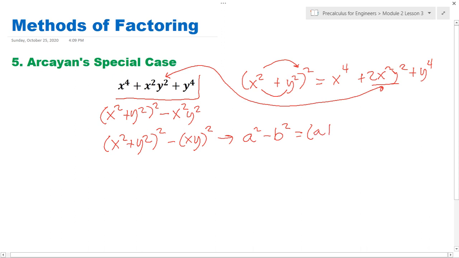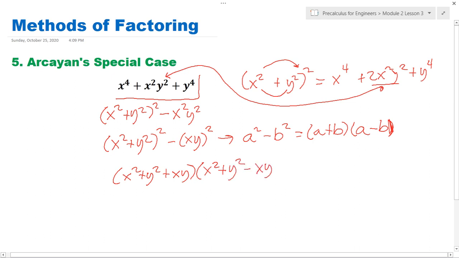This is a plus b times a minus b. So, ganon. So, let's solve. This is equal to x squared plus y squared. Yung b natin, so plus xy. Then, sa pangalawa, we have x squared plus y squared minus xy.